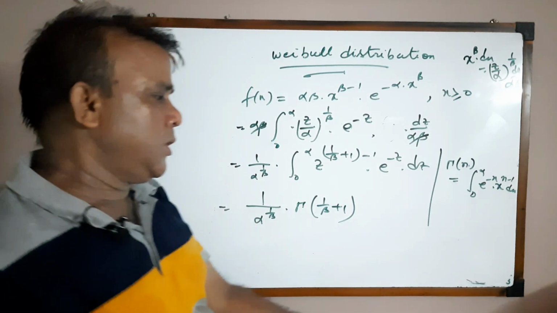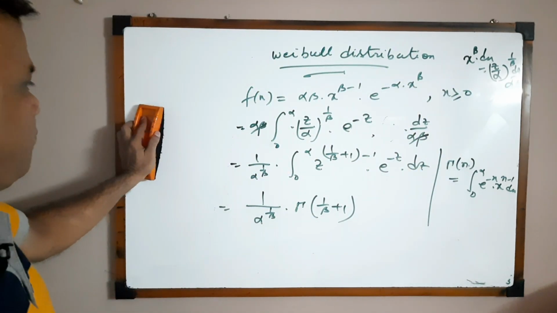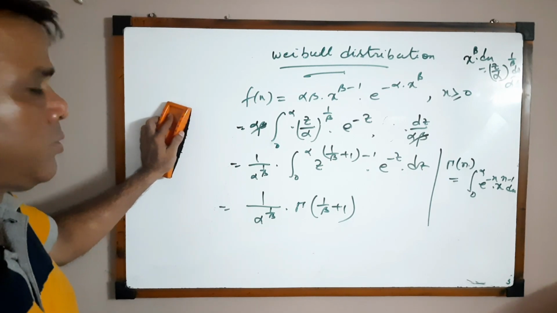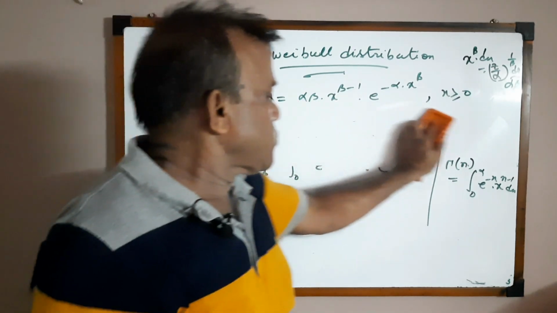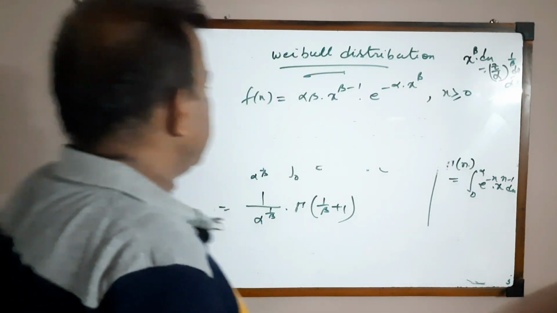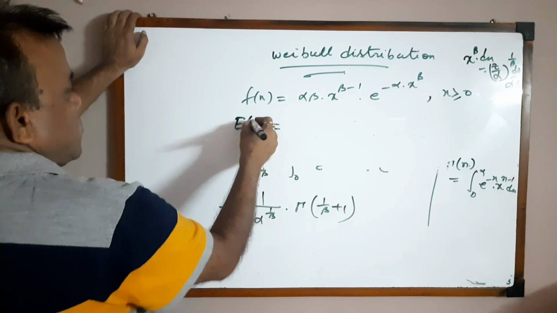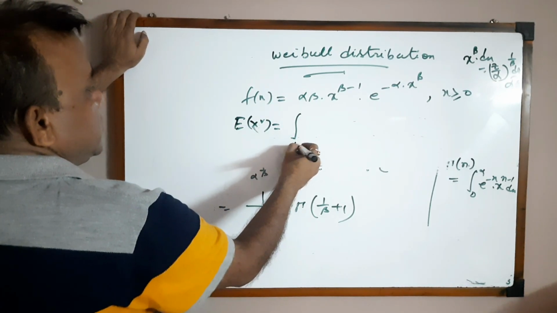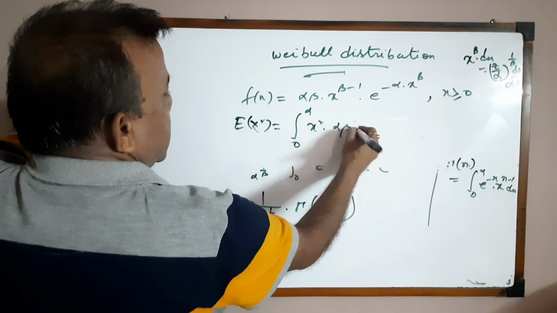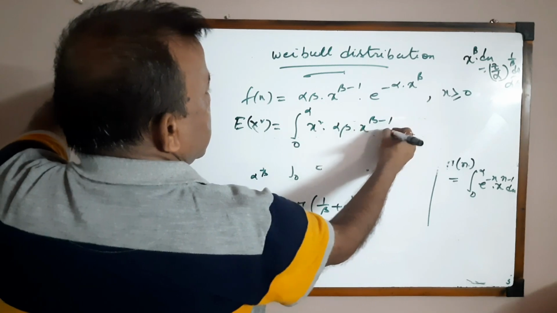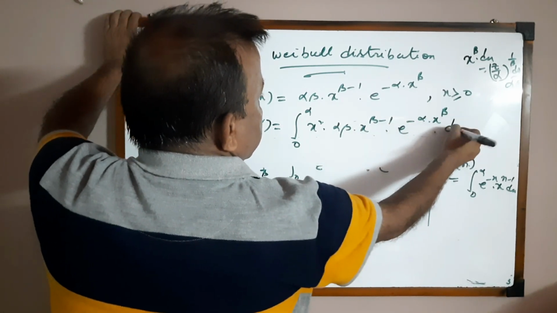Now we have to calculate the variance of Weibull distribution. To find the variance, first of all we have to calculate E(x square). Similarly, E(x square) is equal to integration 0 to infinity x square into f(x), alpha beta into x to the power beta minus 1 e to the power minus alpha x to the power beta dx.